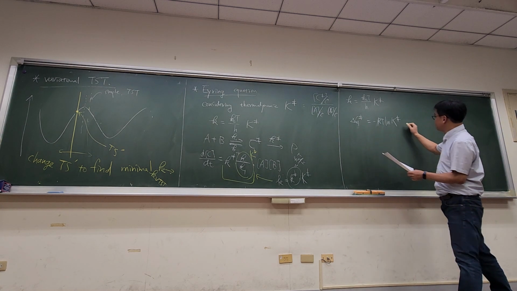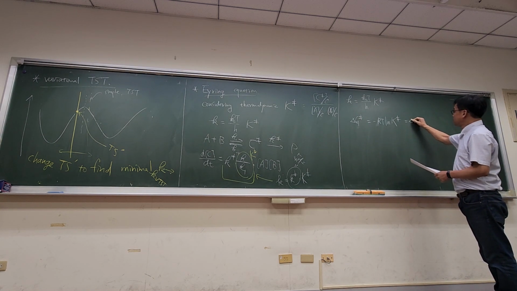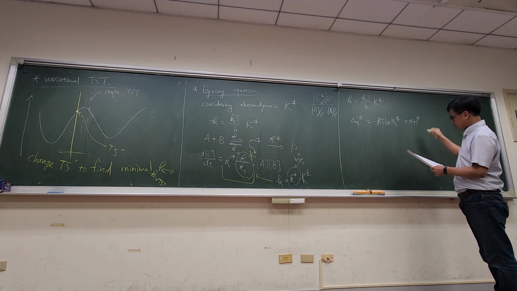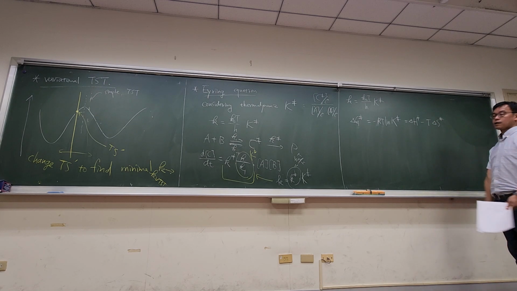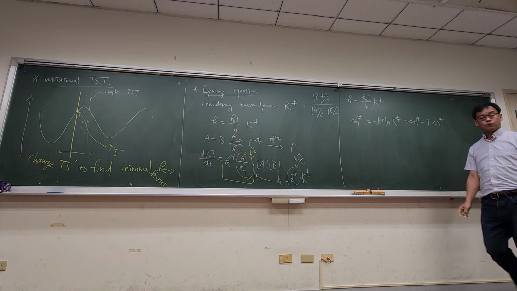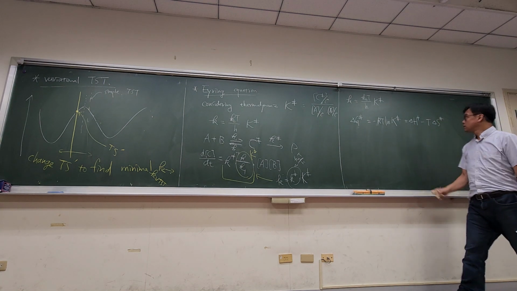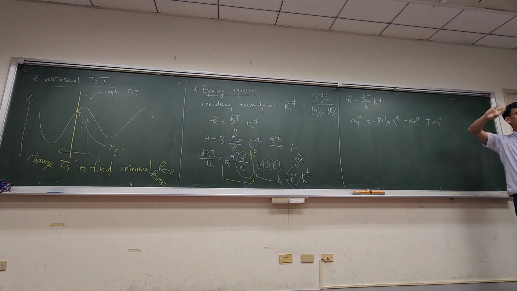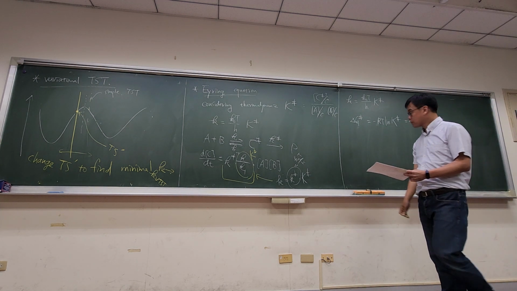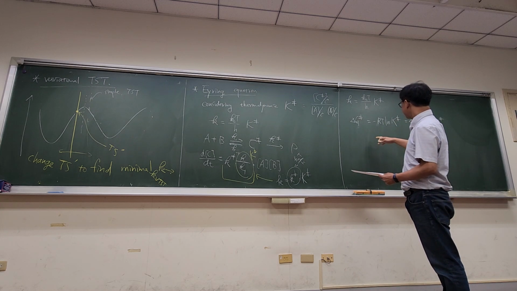And this will be delta H double dagger minus T delta S double dagger. So in a reaction, delta G is delta H minus T delta S. So double dagger means we compare the transition state to the reactant. So mark it in here.